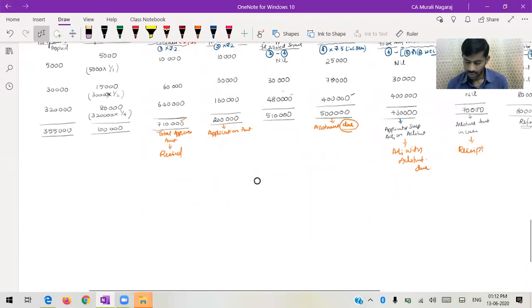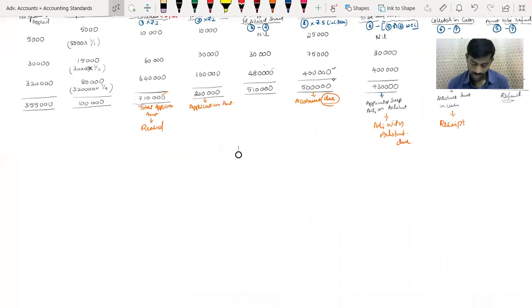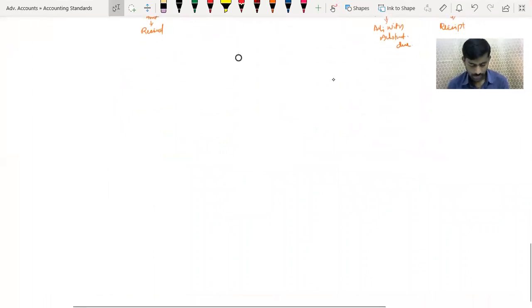Now let's go to the next area for discussion, which is forfeit and reissue. This is in calls, in an installment. Suppose I make a call, either after allotment or at the stage of allotment, whatever the stage might be. If the shares are allotted, I will ask for call money. At that time, you have to pay the call in a stipulated time period.